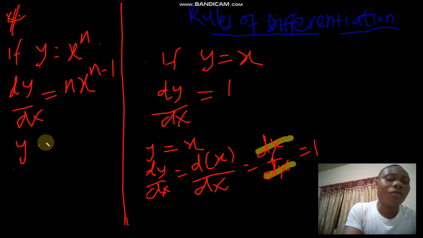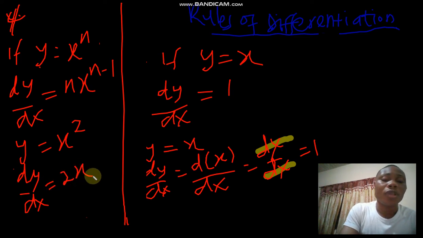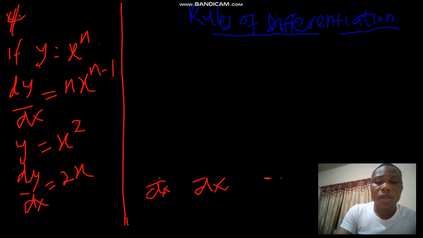So for example, if I have y equal to x squared, dy/dx will just give me 2x. That is all. Let me take another example here.